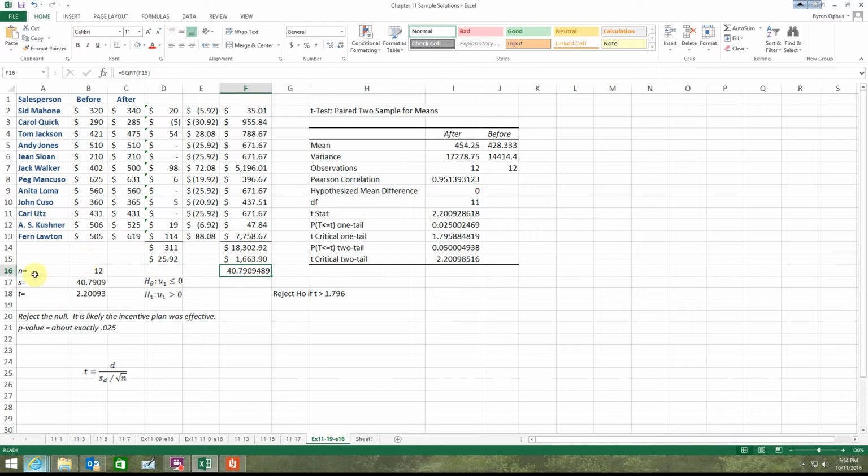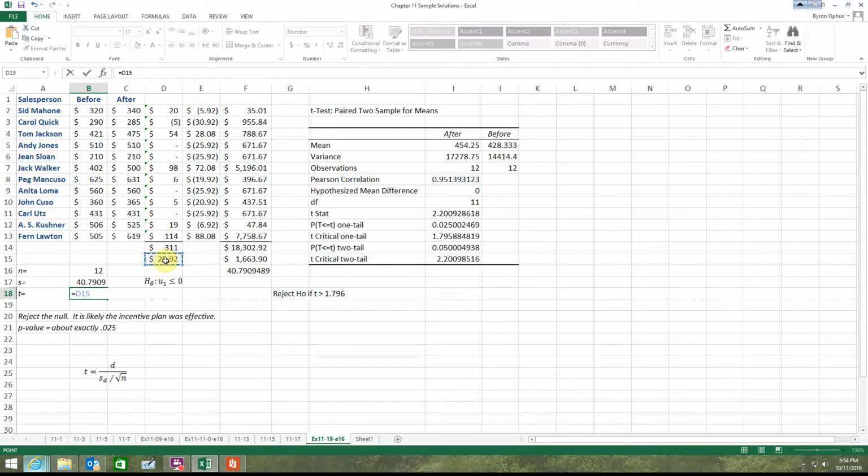Okay, so now I've got my data, right? I've got my n equal to 12, my standard deviation is equal to this, and I just need to calculate my t, right? And my d is equal to this one, right? The mean of basically my differences. So I just simply go, it's equal to the mean of my differences, boom, divided by my standard deviation.